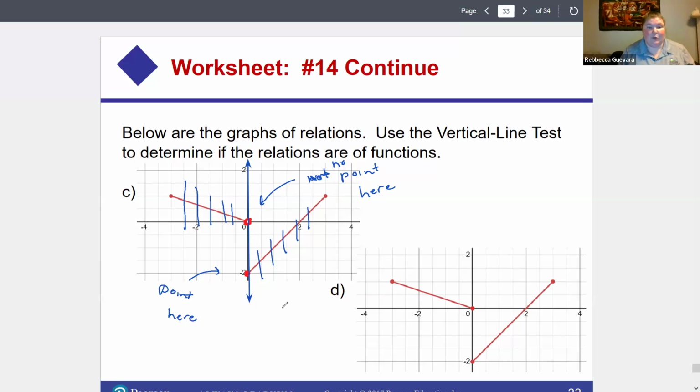So that means that this only crosses 1 point. So because I crossed only 1 point, I only crossed at most 1 time, I passed the vertical line test. This is a function.